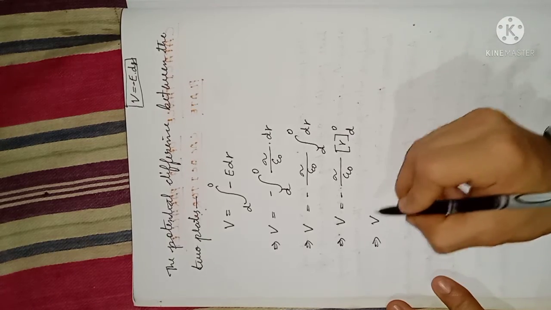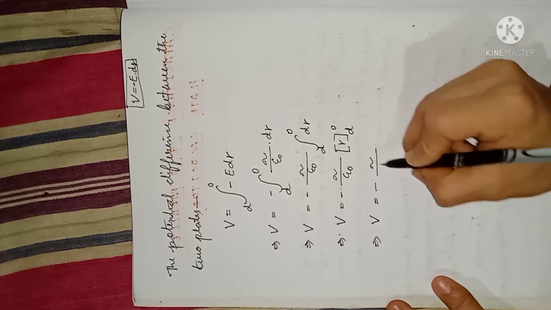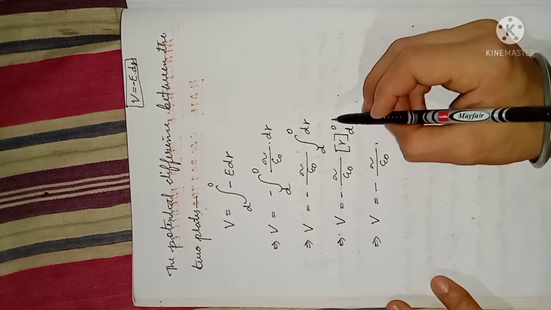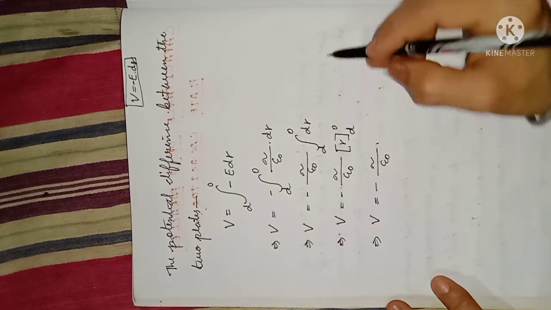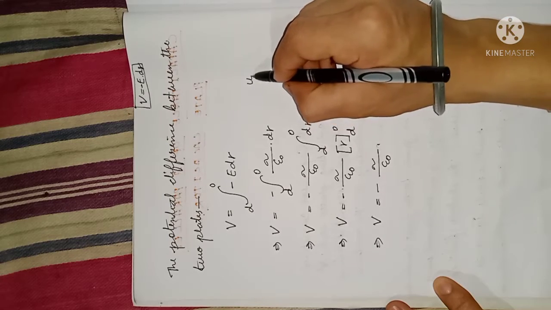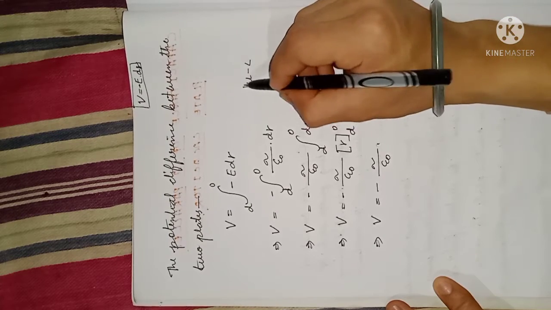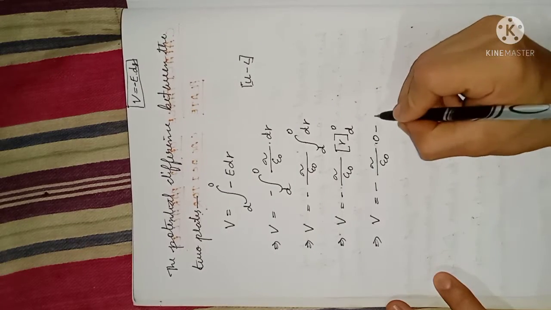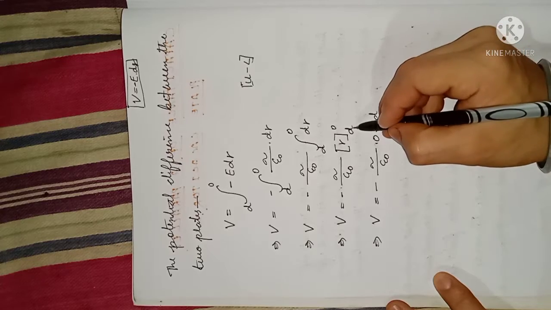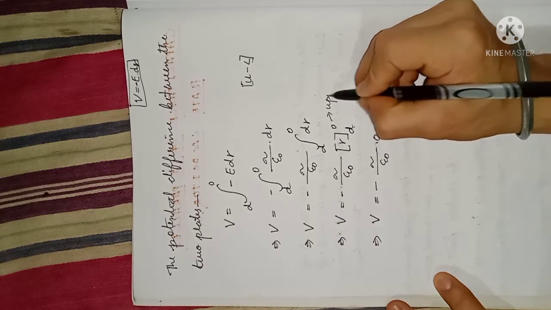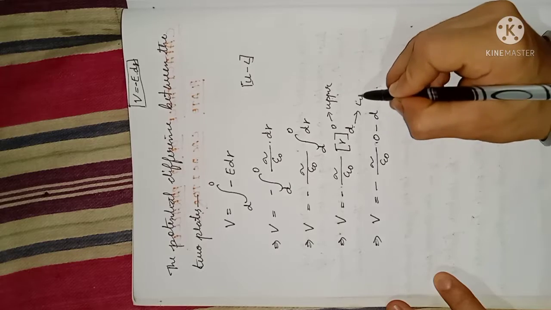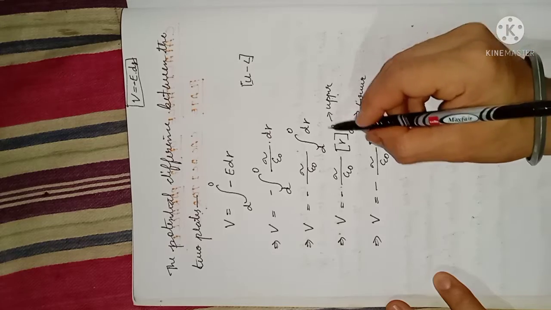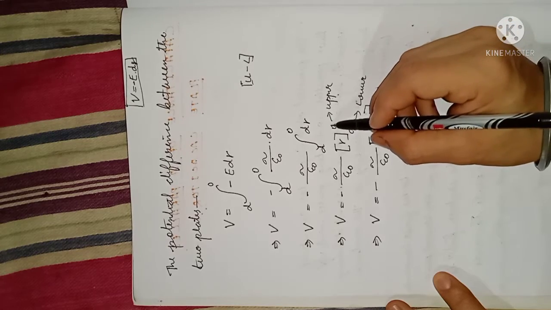So we can write V is equal to minus sigma by epsilon naught into, we need to integrate from 0 to d, upper limit minus lower limit, 0 minus d. The upper limit is 0 and the lower limit is d.